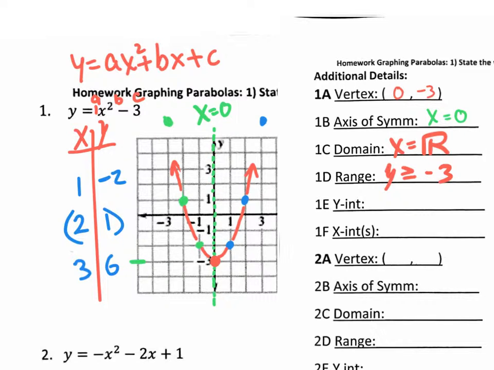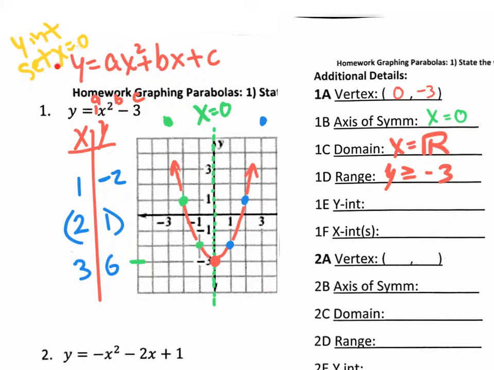We should all know that to find the y-intercept, we have to set x equal to 0. You guys remember that from semester 1, right? To find the y-intercept, you set x equal to 0. To find the x-intercept, you set y equal to 0. So to find the y-intercept, we're going to set x equal to 0. And when you set x equal to 0, it's always going to be your c value.